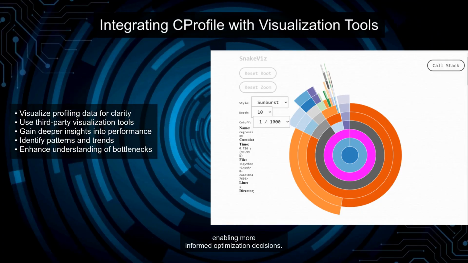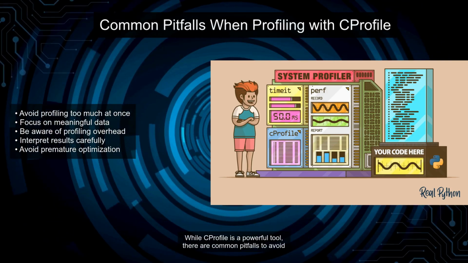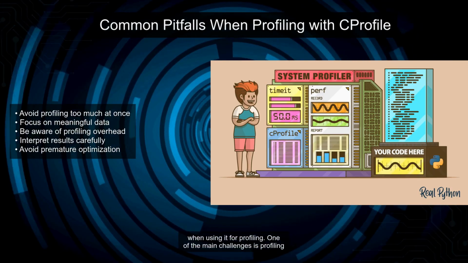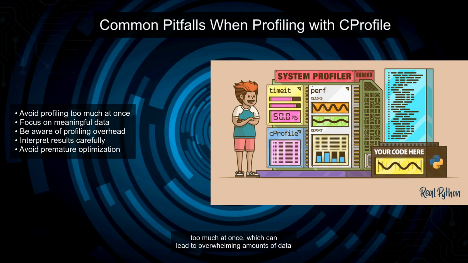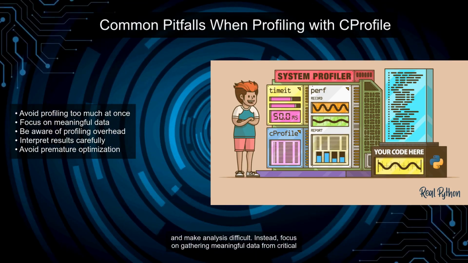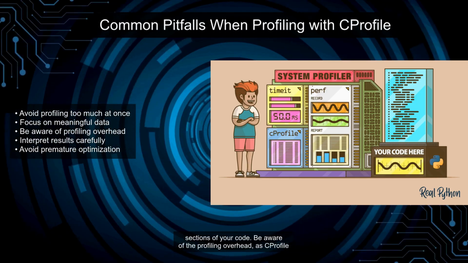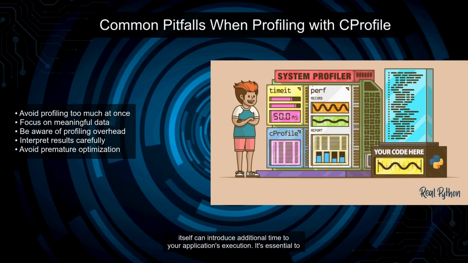While Profile is a powerful tool, there are common pitfalls to avoid when using it for profiling. One of the main challenges is profiling too much at once, which can lead to overwhelming amounts of data and make analysis difficult. Instead, focus on gathering meaningful data from critical sections of your code. Be aware of the profiling overhead, as Profile itself can introduce additional time to your application's execution.